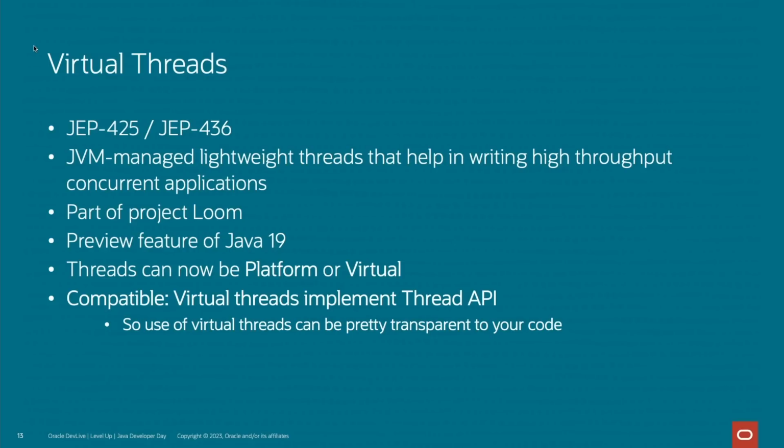So starting with Java 19, a thread can be either virtual or what they now call platform. A platform thread is your traditional Java thread, at least in recent history. It's the native OS platform thread. A virtual thread, as I said, is a thread implementation in the JVM that is very lightweight and that is scheduled onto platform threads.